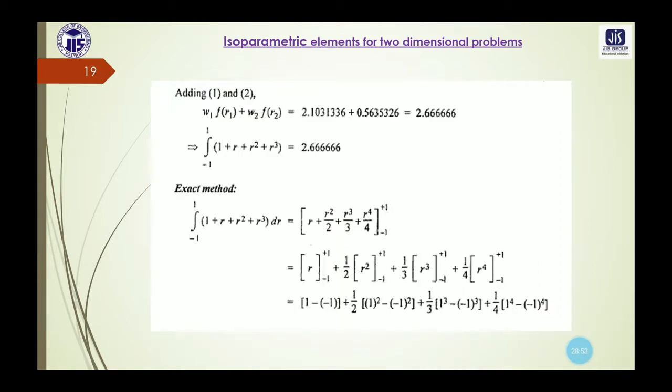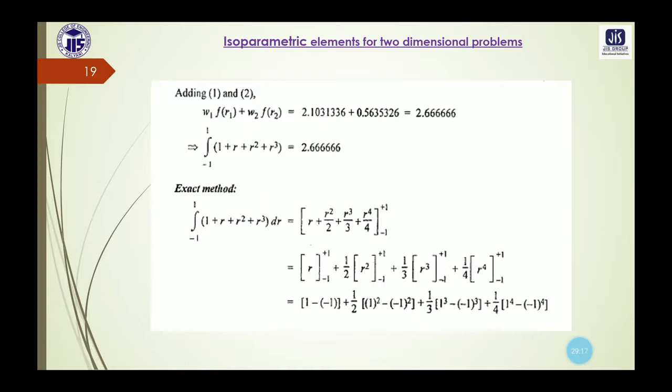Now to get the value of the given integral with the help of 2-point Gaussian quadrature, we need to add these two equations, that is w1 into f(r1) plus w2 into f(r2). So the final result we are getting here is 2.666. Now we need to compare this result with the exact solution.